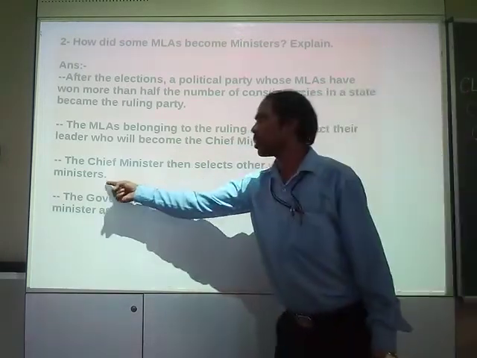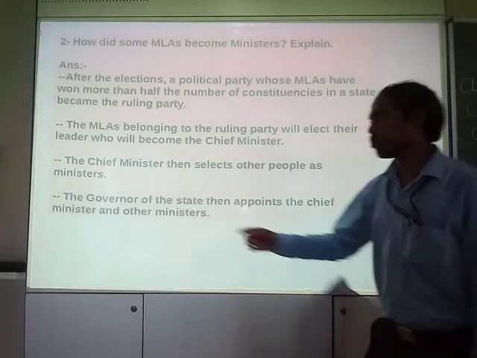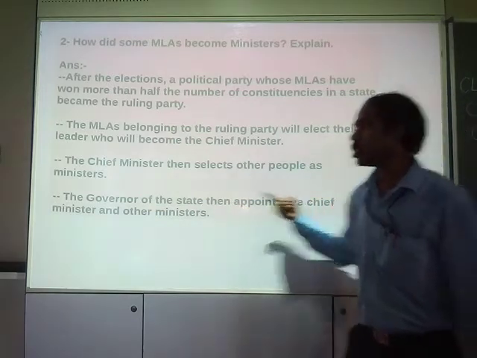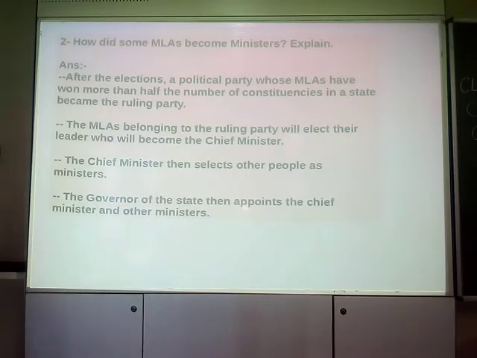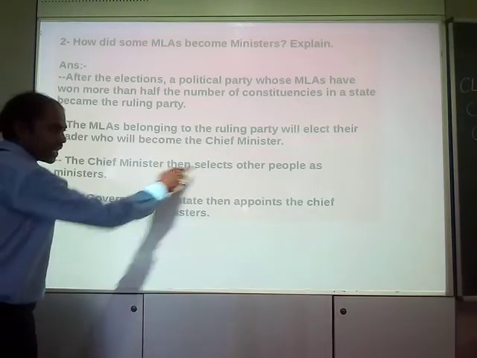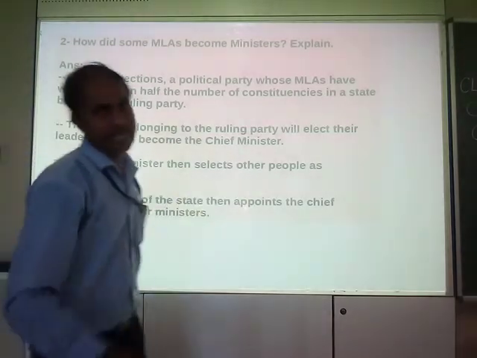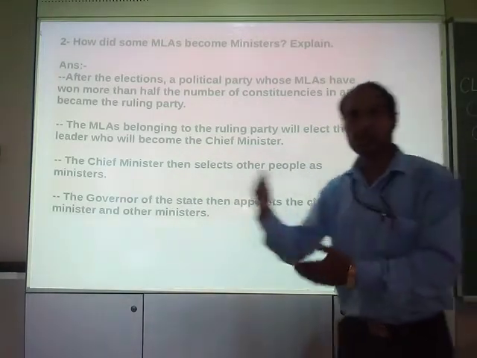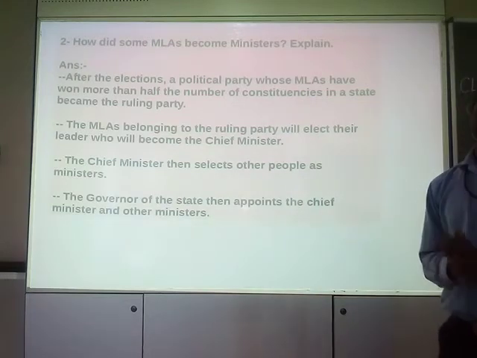So this is the procedure how the people become ministers. Moreover, the governor of the state then appoints the Chief Minister and other ministers. After the Chief Minister selects other people as ministers, this governor appoints them, gives them a letter that okay, you are the minister and you are the Chief Minister. Okay, this is the procedure only.